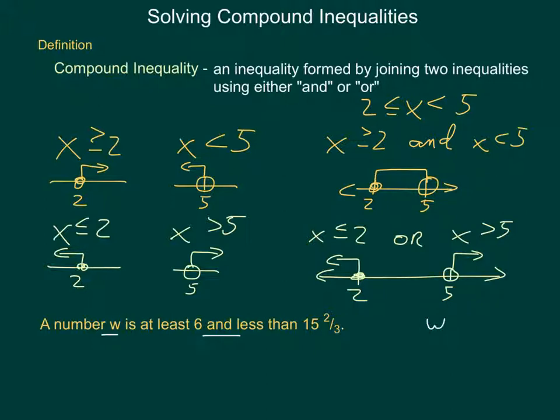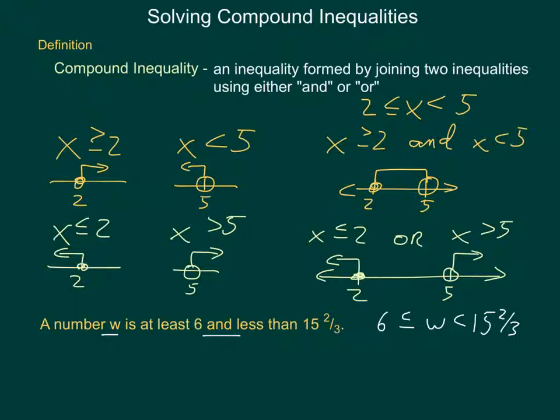My boundaries are 6 on the low side, 15 2/3 on the high side. At least 6, that means it can be included, so less than or equal to. But less than, that means it is not included. So I have 6 is less than or equal to w, which is less than 15 2/3.